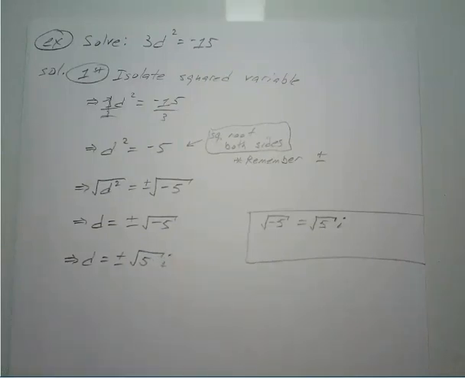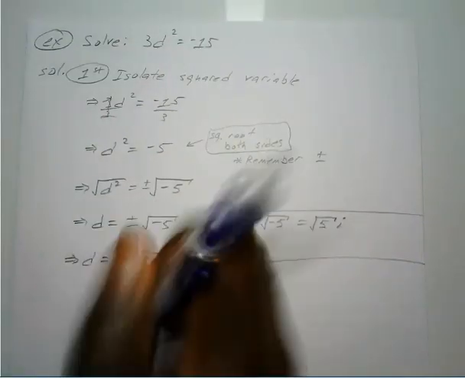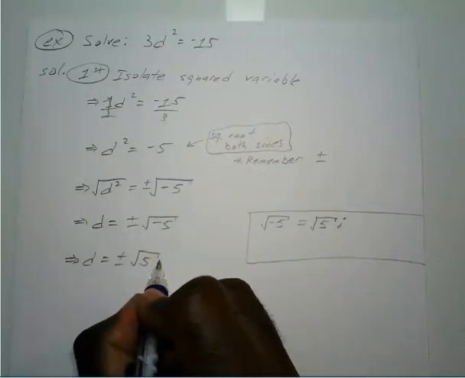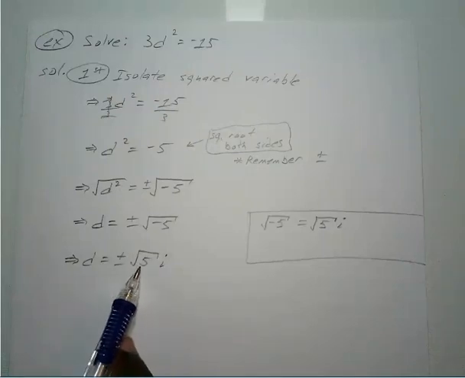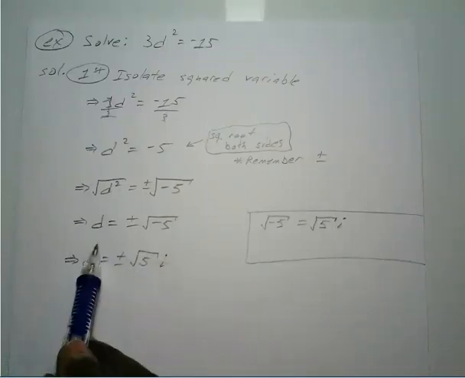Let me kind of close this up a little bit. Square root of 5 times i. Now it's really, really important to remember your i goes on the outside of the square root symbol. You don't put it underneath the square root symbol right next to the 5. Because here your square root of 5 is a number being multiplied by i.